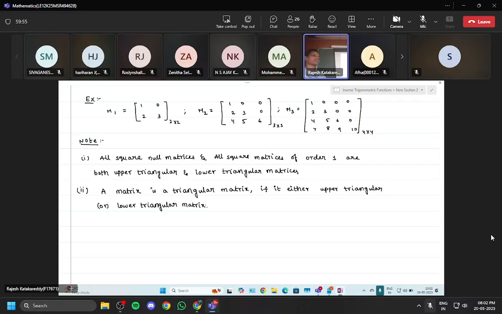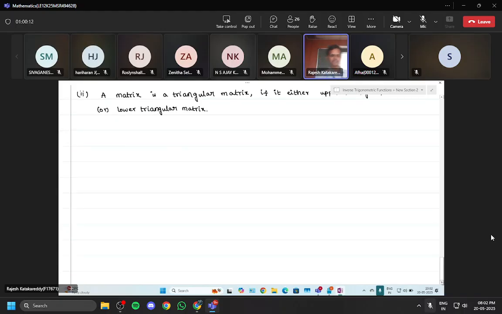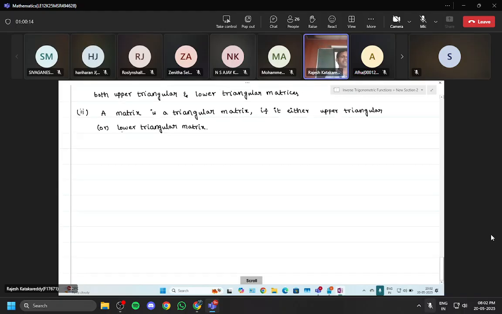That also you add here, maybe after the diagonal matrix. Clear? Identity is a diagonal matrix only, no. Number 7. Okay, you guys copied, no?